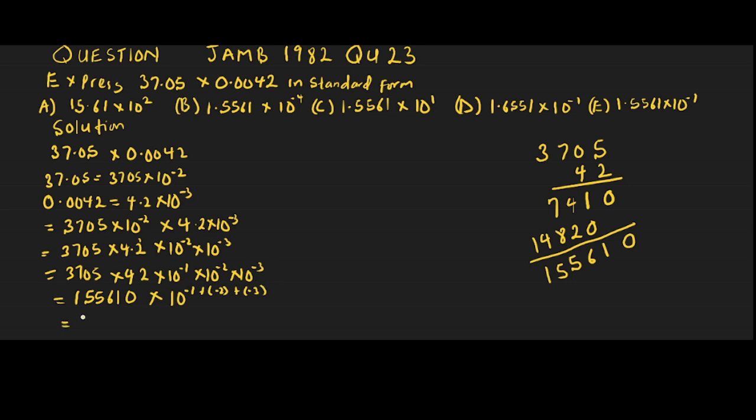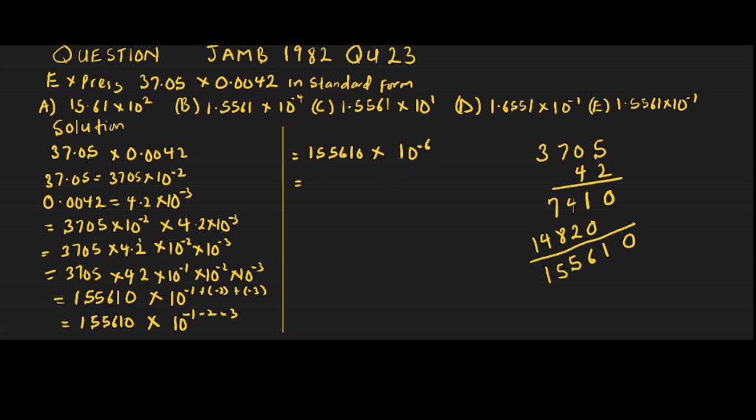We have 155,610 times 10 raised to power minus 1 minus 2 is minus 3, minus 3 minus 3 will give us minus 6.